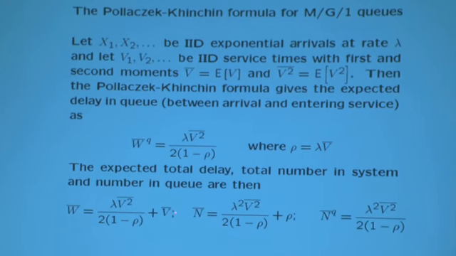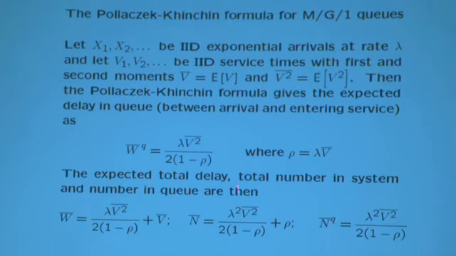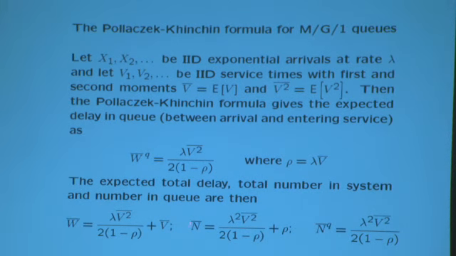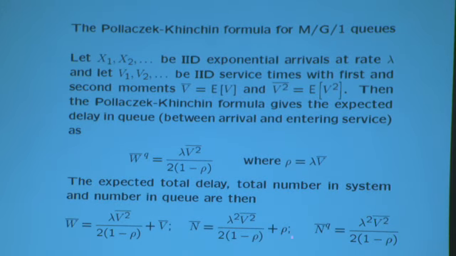The expected number in the system, how do you get that? We get that from this by using Little's relationship. So the expected number in the system is lambda squared times V squared bar over 2 times 1 minus rho. Oh, you multiply this times lambda. So you get lambda squared from this lambda. From the V bar, you get lambda V bar, which is the duty factor. The expected number sitting in the queue is just going to be this quantity. I won't derive that for you. You can work it out.